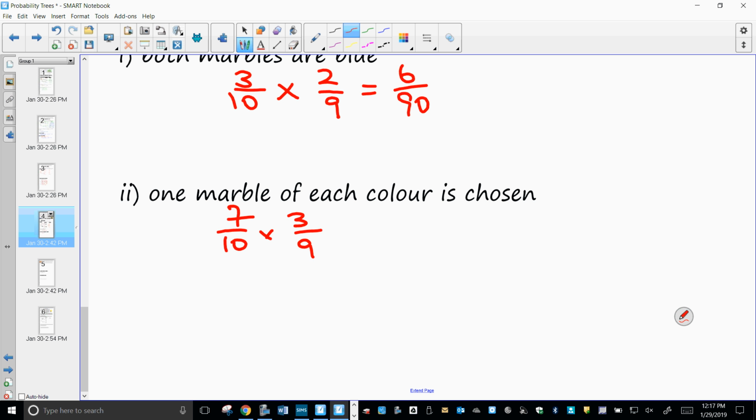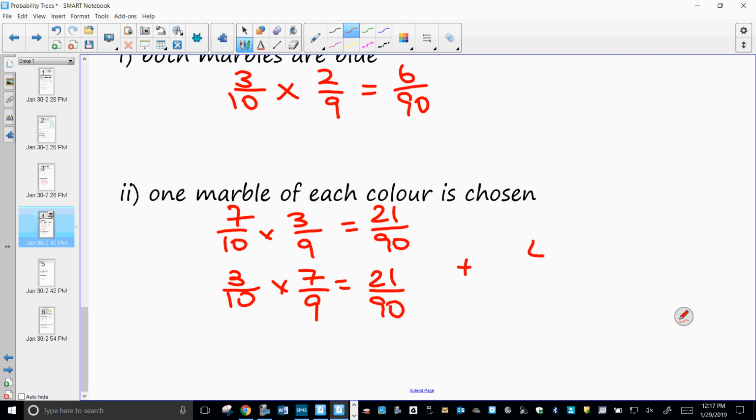The second one would be 3 over 10 multiplied by 7 over 9. And then we're going to add those two together to get 42 out of 90.